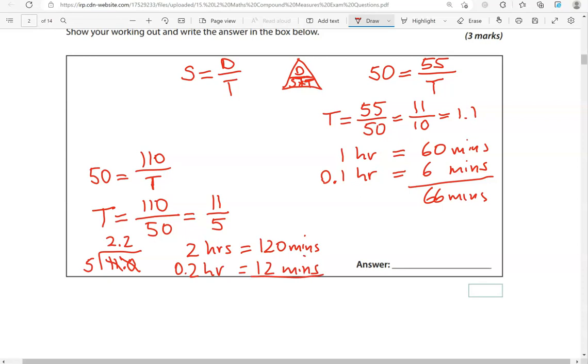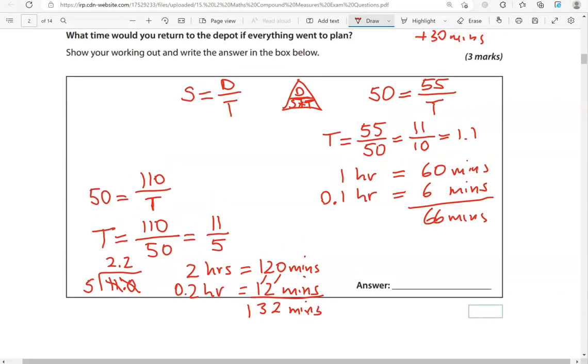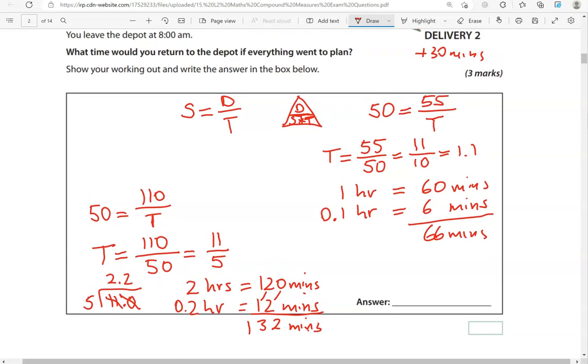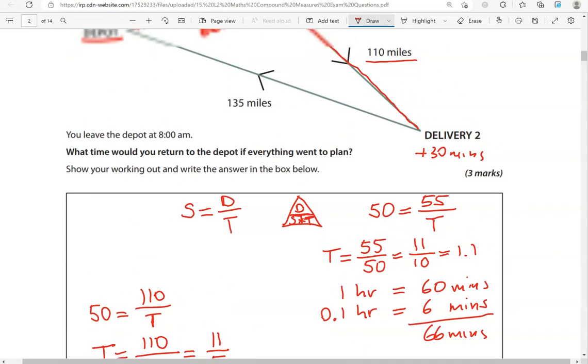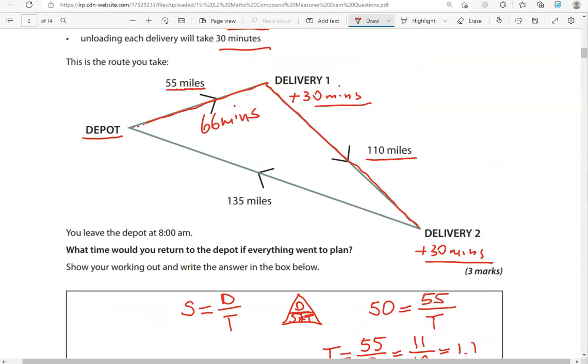So in total, this is 0 and 2 is 2, 2 and 1 is 3, 132 minutes for this second part of the journey. Or this could just be 2 hours and 12 minutes, and the first part would be 1 hour and 6 minutes. So now we've got 30 minutes here and 30 minutes here, so we need to add an hour.